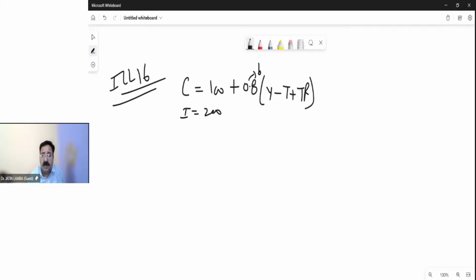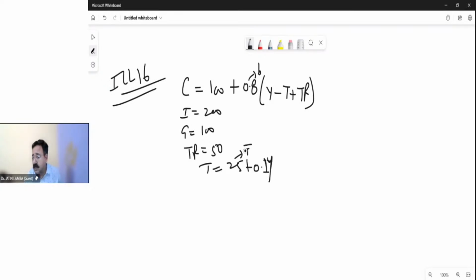G is also given 100 constant. TR 50. You have to find. And what is the tax, sir? Tax is also given as a function of income, 25 plus 0.1y. So what is 25 here, sir? 25 here is T bar, that is autonomous tax, lump sum tax 25, and 0.1 is the tax rate t on Y. Right? Now simply put the formula in the equation.